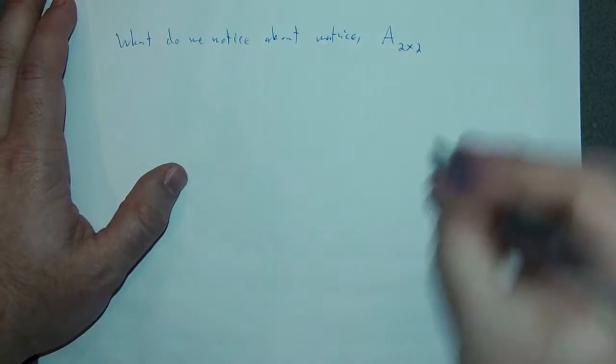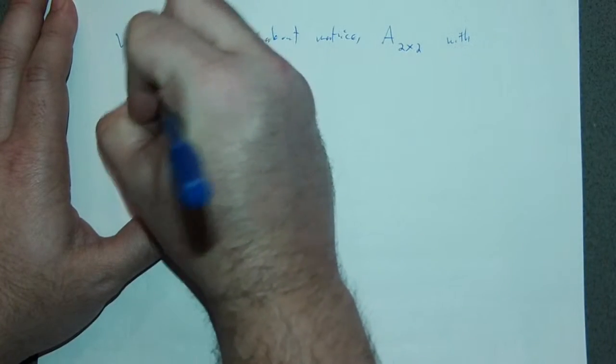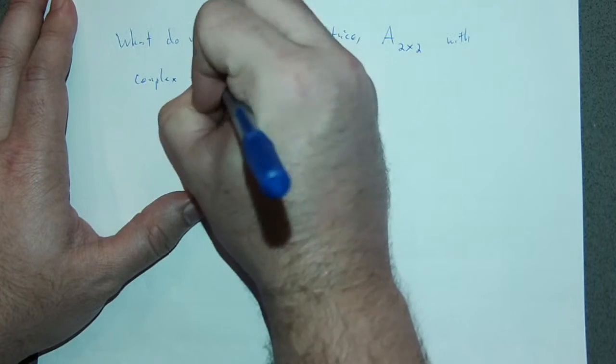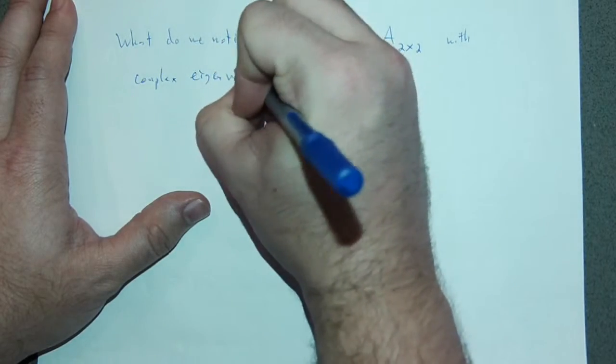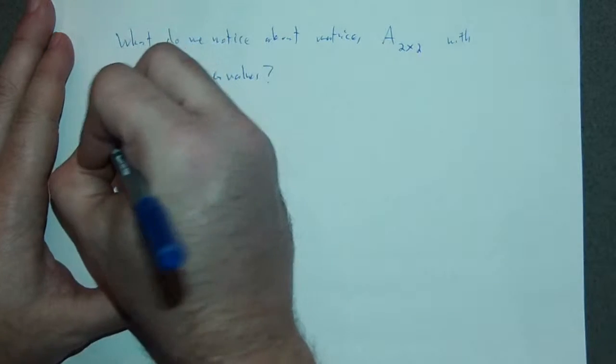What do we know about matrices A with complex eigenvalues? What is something that immediately you notice? So let's recall our example. Let's go back to our example.